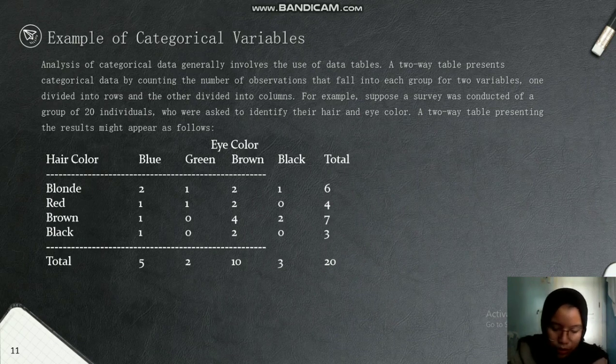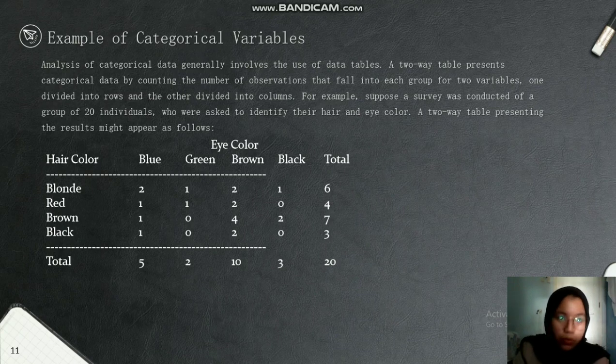Since simple counts are often difficult to analyze, two-way tables are often converted into percentages. In the example, there are 4 individuals with red hair. Since there were a total of 20 observations, this means that 20% of the individuals surveyed are redheads.